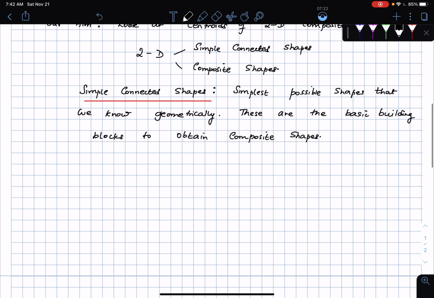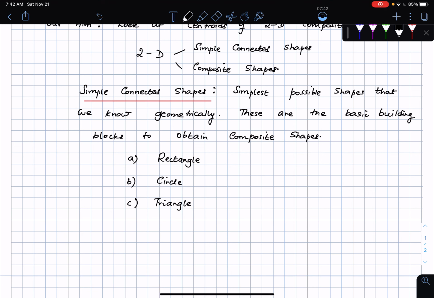What are examples of simple connected shapes? I can have a rectangle. Another example is a circle, and when I say simple, it is a connected shape, not an open shape. The third one is a triangle.